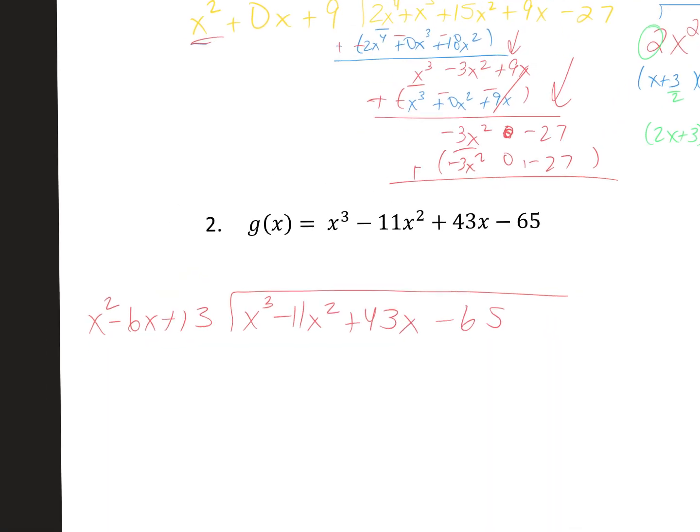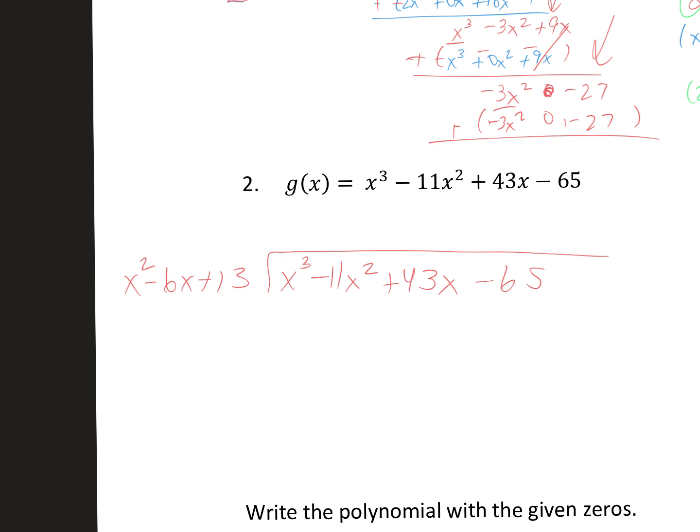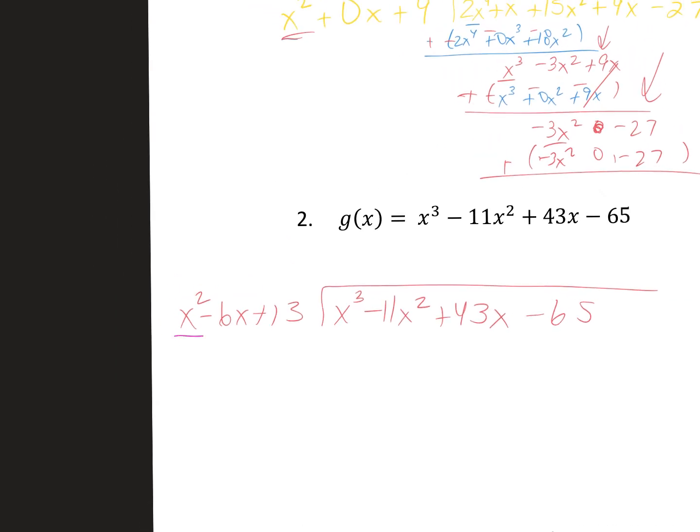Now, what's the highest exponent in your original polynomial? 3. How many zeros did you already account for? 2. So how many are you going to find now? 1. And remember, when we do our long division here, should you get a remainder? No. So let's hope we don't. X squared into x cubed goes how many times? X. So get your subtraction ready before you multiply.